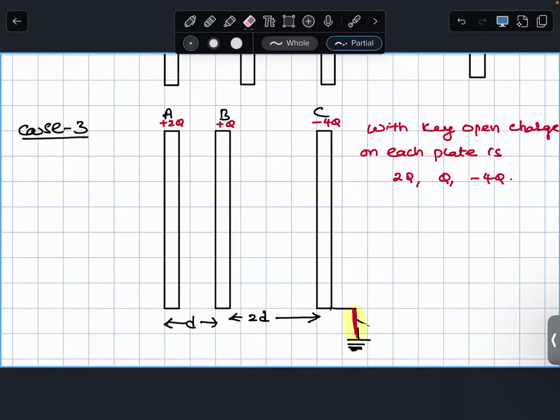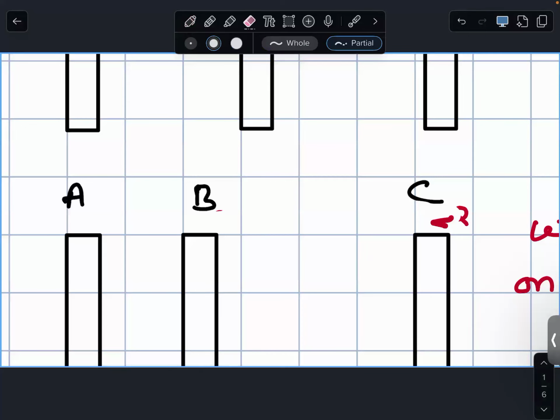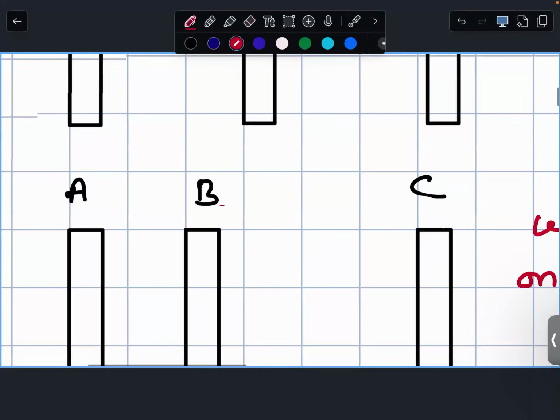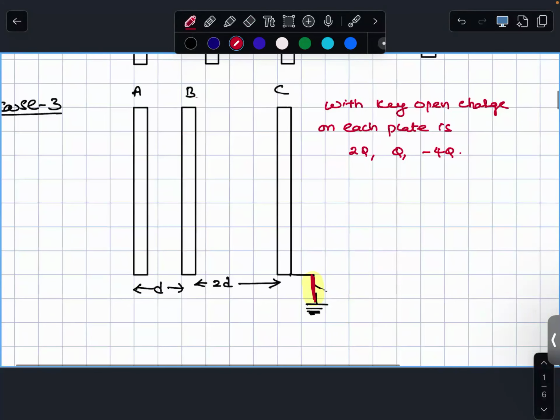Now, do not write the charges like this. Now, when I close this, tell me what to do.